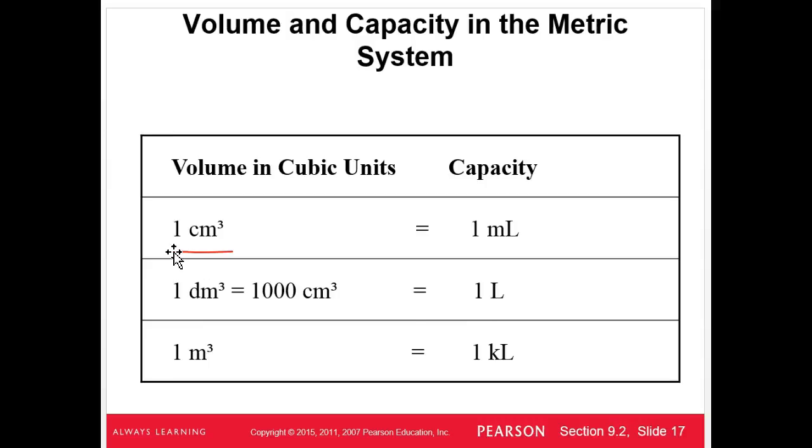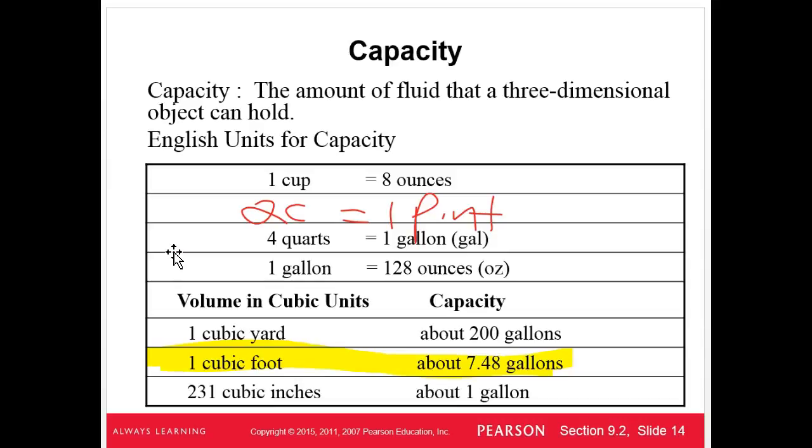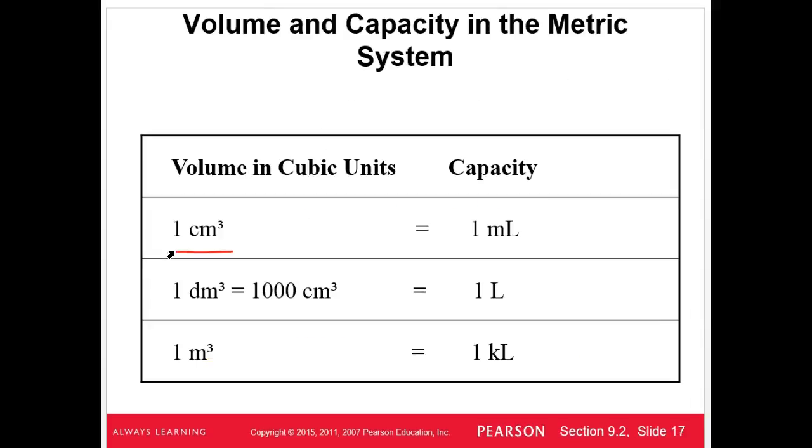If you look at what they were before, it was 200, 7.48, 231, and now it's just 1 to 1, 1 to 1, and maybe 1 to 1,000, depending on which one you want to use. So 1,000 cubic centimeters or 1,000 cc's is a liter. 1 cubic centimeter is a milliliter. 1 cubic meter is a kiloliter. It's just nicer numbers to work with in that metric system.